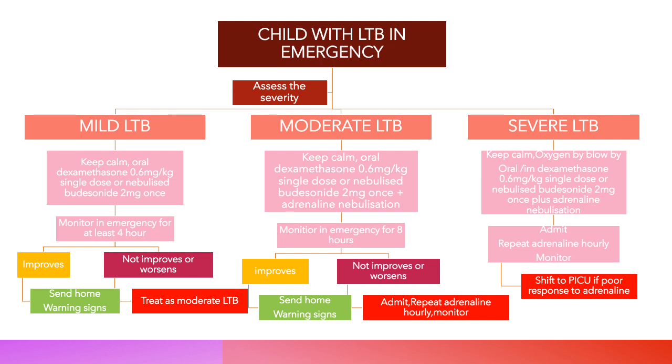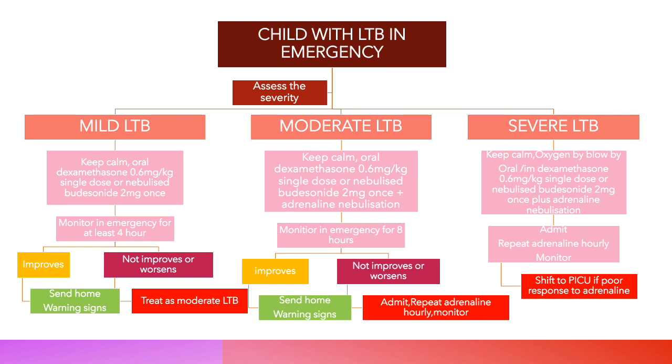Whenever a case of severe laryngotracheobronchitis presents to the emergency, the child should be kept calm. Oxygen must be administered by the blow-by technique. Oral or intramuscular dexamethasone can be given as a single dose of 0.6 mg per kg, or nebulization of budesonide 2 mg should be given if dexamethasone administration is not possible, plus one nebulization of adrenaline.